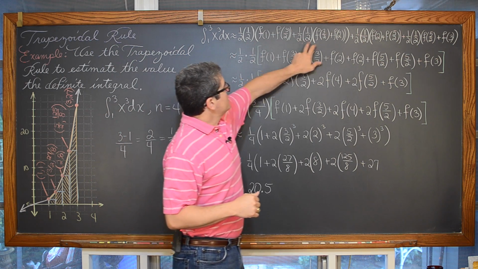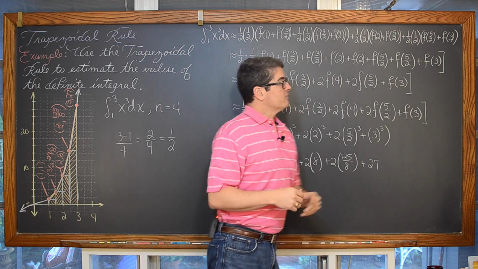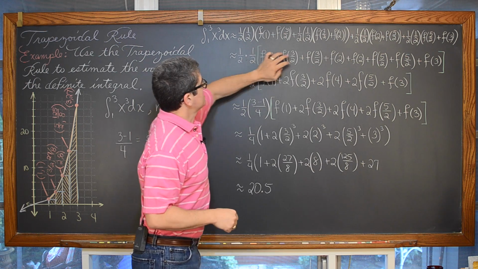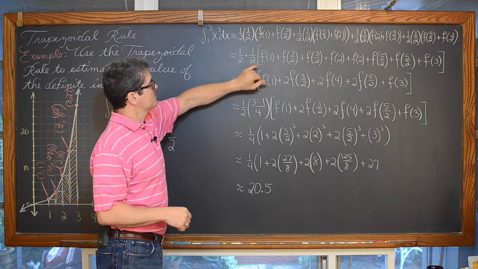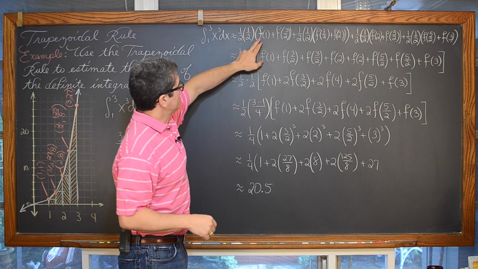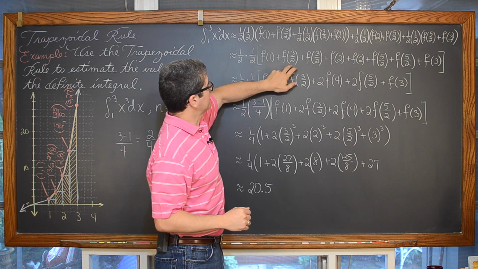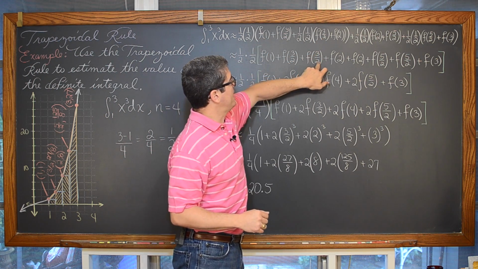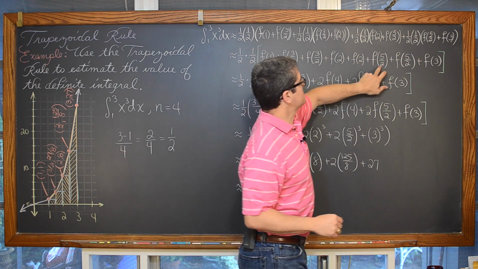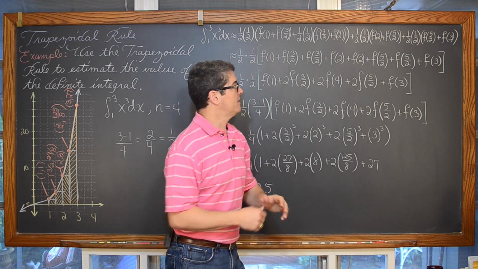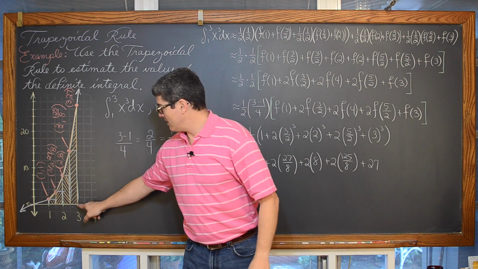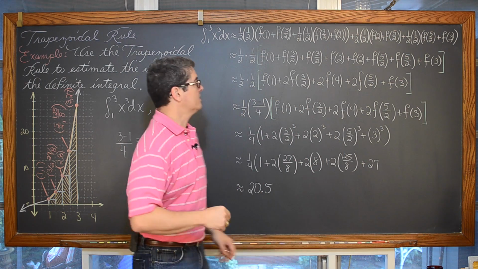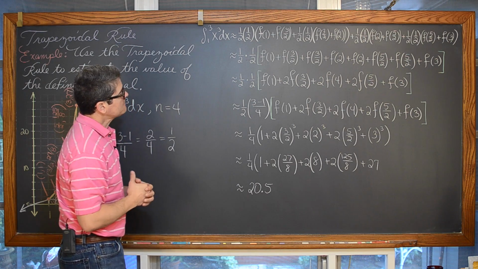All 4 of these terms have a common factor of 1/2 times 1/2, so we're pulling that out. Then we see that we have f of 1, f of 3/2, again another f of 3/2, a couple of f of 2s, a couple of f of 5/2, and finally our f of 3, the last value, the upper limit of our definite integral getting plugged into our function.